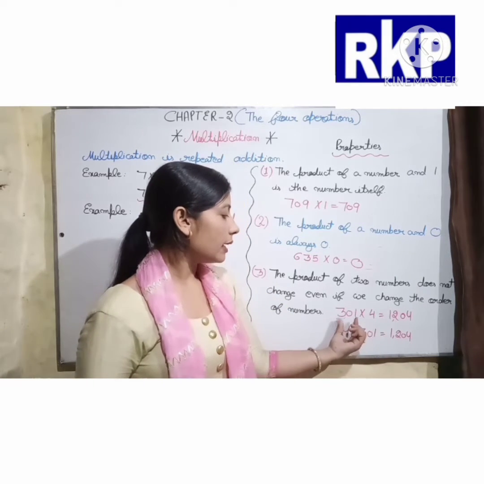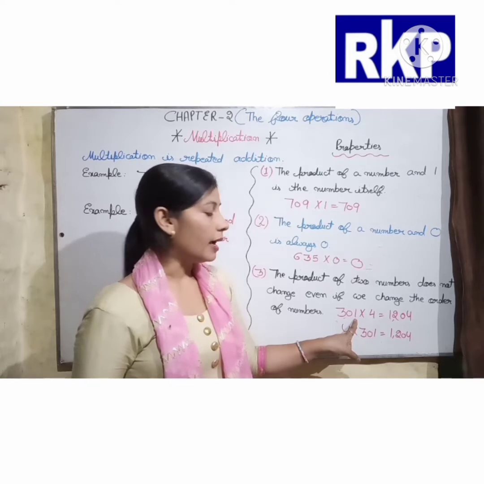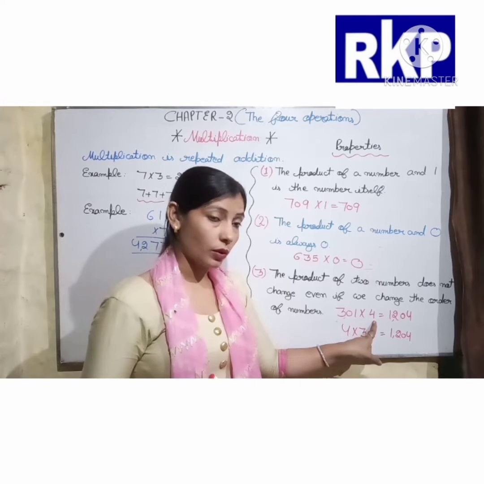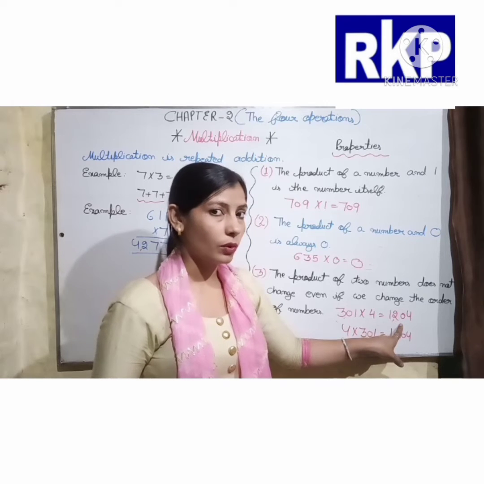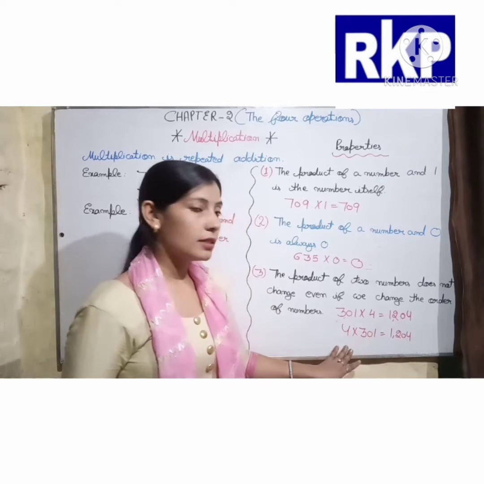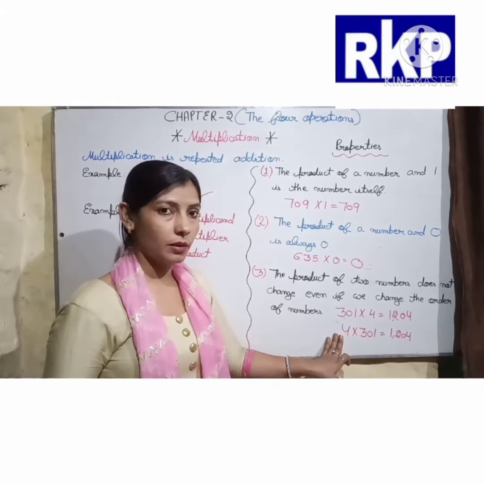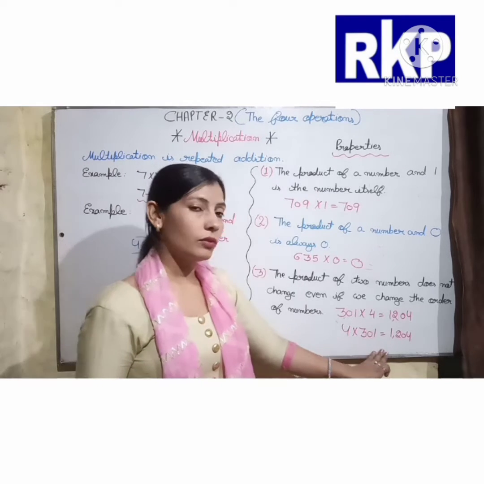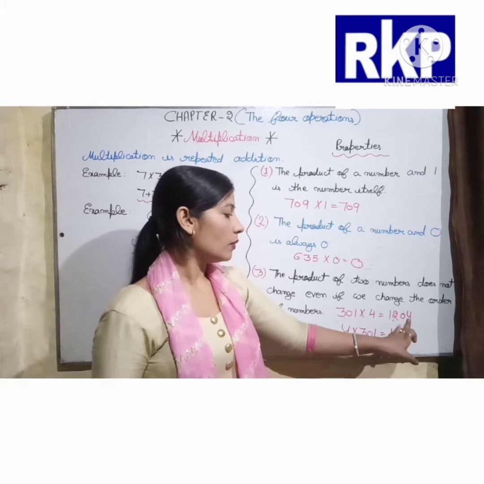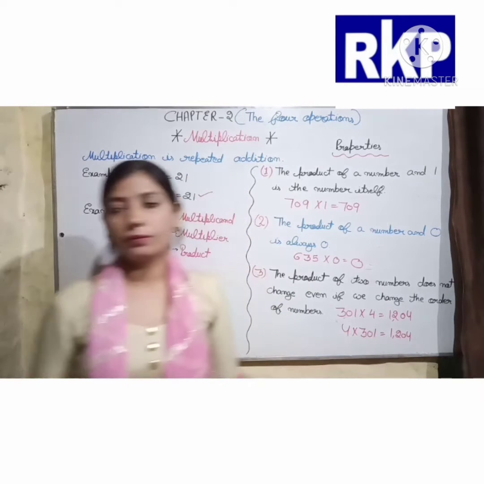Here our multiplicand is 301 and multiplier is 4, and the product is 1204. But if we change the order of these numbers, if we multiply 4 with 301, then also we will get the same number.